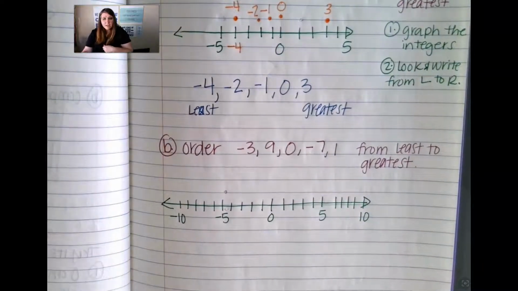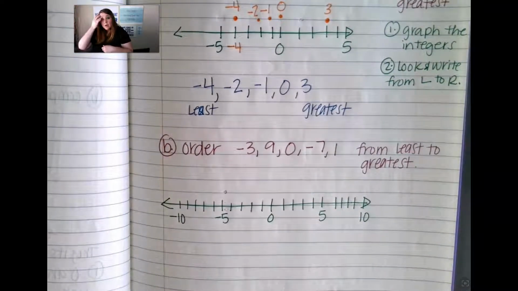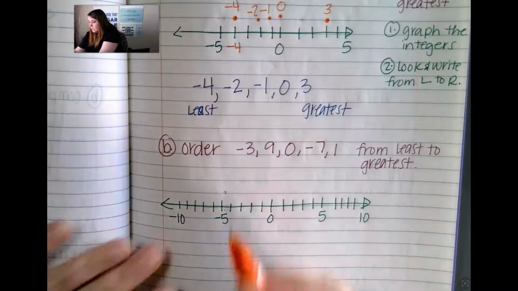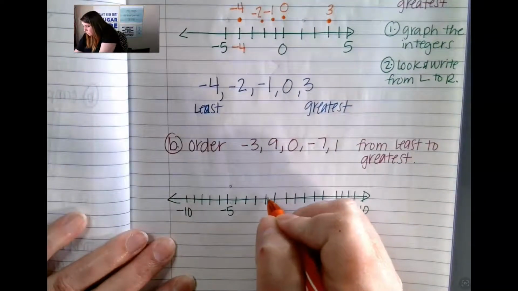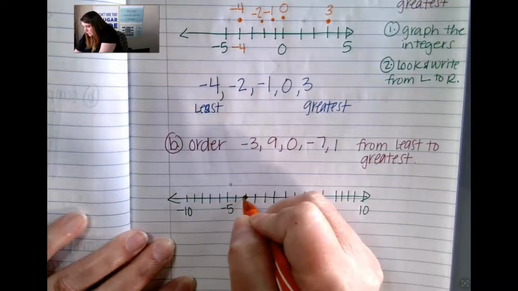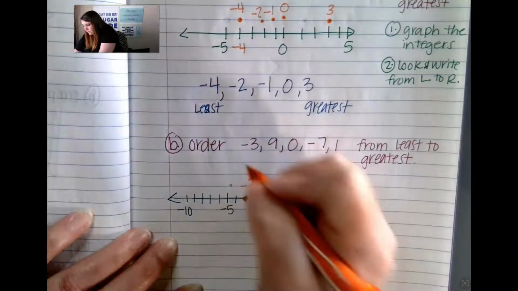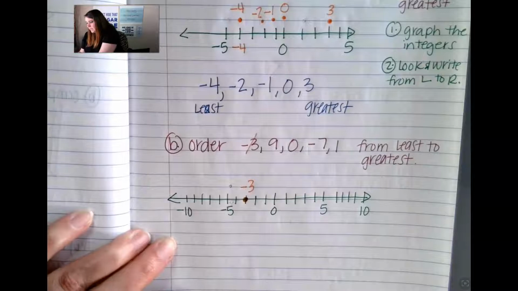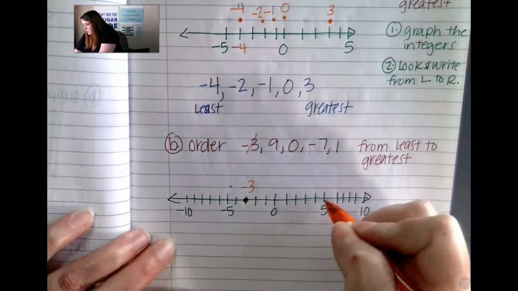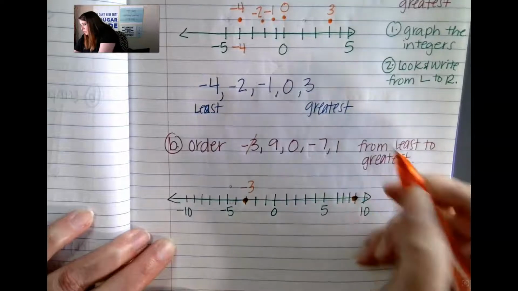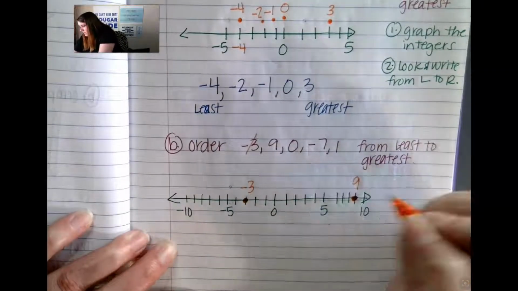So now what I need to do is first I'm going to graph negative 3. So here's negative 3 right here. I want to jump 1, 2, 3 places. And there is negative 3. 9 is my next one. So there's 5, 6, 7, 8, 9. Put my dot on the line. That one is 9.